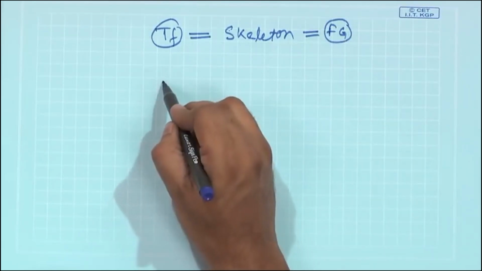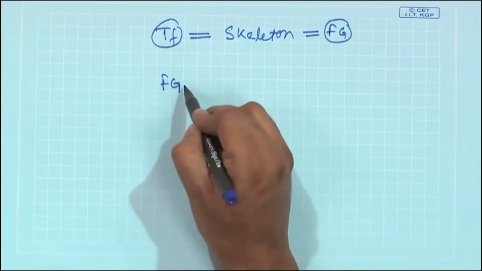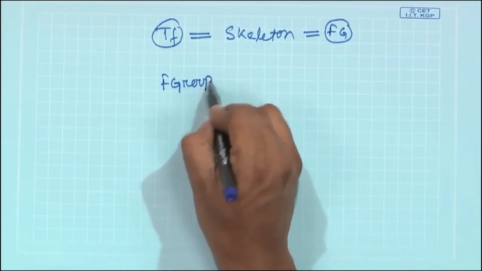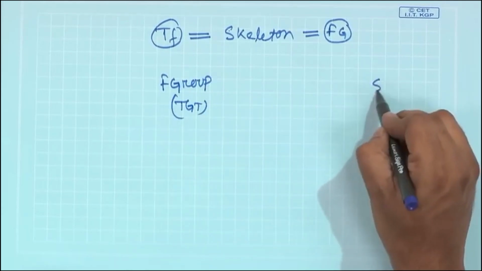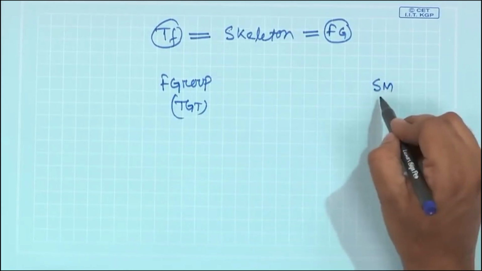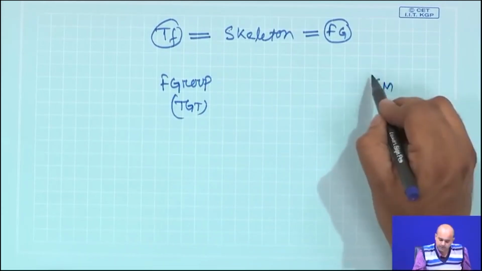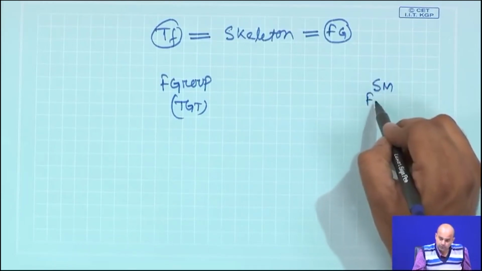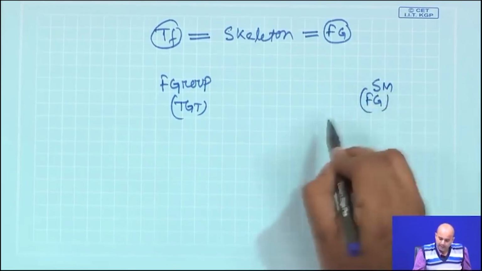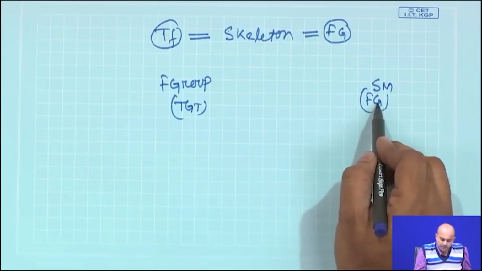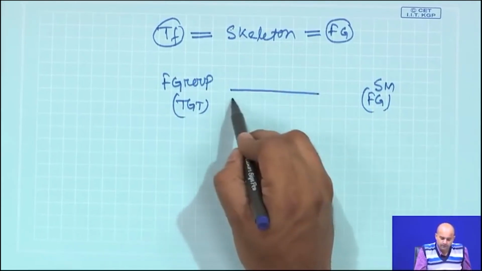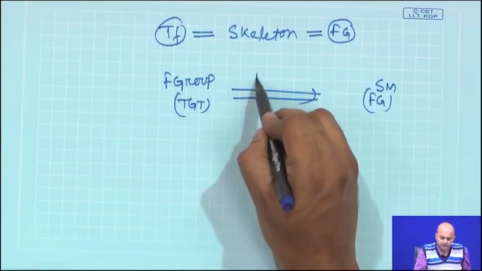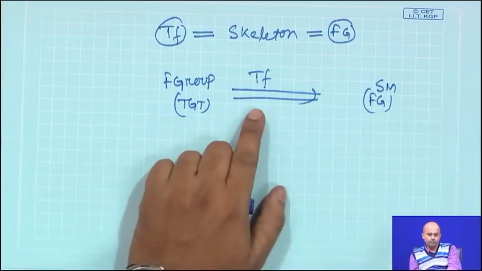So, initially you see the functional groups which are present in the target molecule, right. Then, given the starting material, you analyze what functional groups are there, and then, with the starting material functional group and the target functional group, how they can be correlated with some transformation. That should be your main approach.